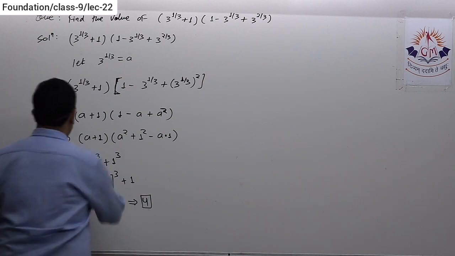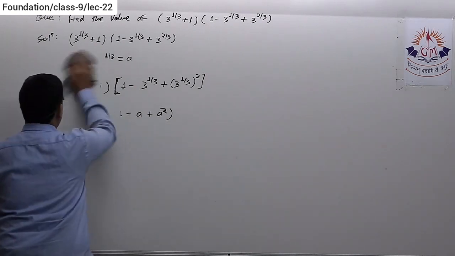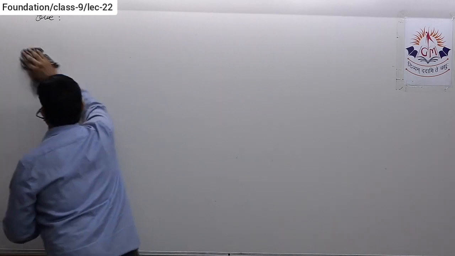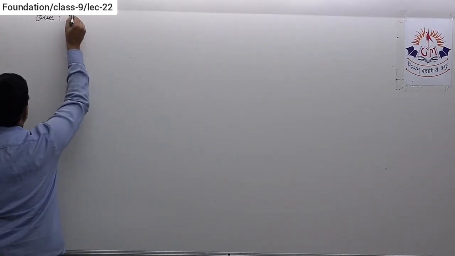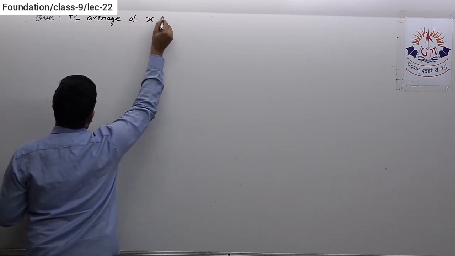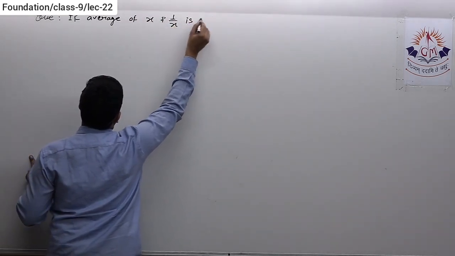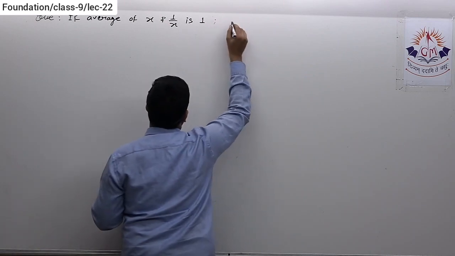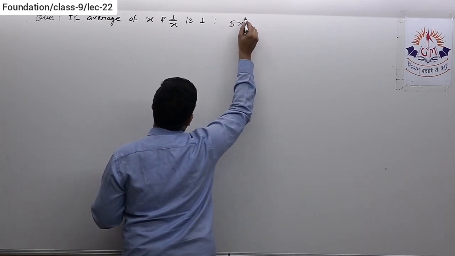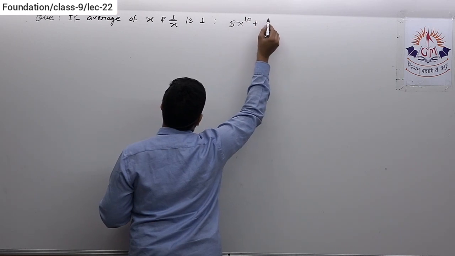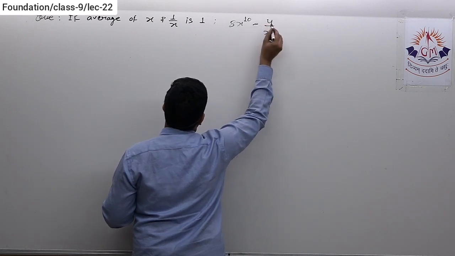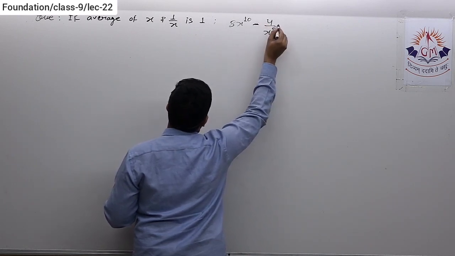Okay, let us see the next question. Next question is: if the average of x and 1 upon x is 1, then find the value of 8x raised to 10 minus 4 upon x raised to 5.